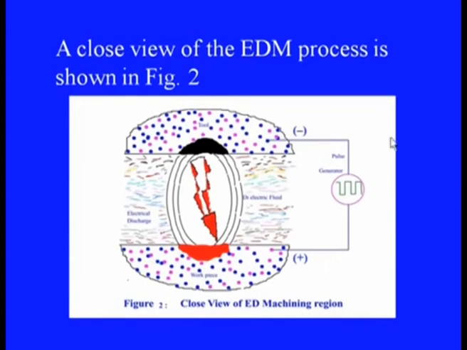So, this figure depicts actually what happens in the sparking zone as we apply the electric field across the tool and the workpiece. So, this is where the dielectric is, this is the voltage applied across them, and as the voltage increases to a particular discharge voltage, the dielectric present at the nearest point gets broken down, and plasma is created here.